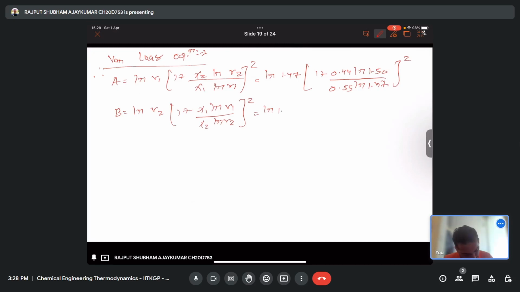Ln of gamma 2 is 1.50, 1 plus 0.55 ln of 1.47. So after finding this out, you will be able to find out the value of A and B, which comes out to be 1.33 and 1.91. Now, for a solution containing 10% of the alcohols, and that has been given to us.